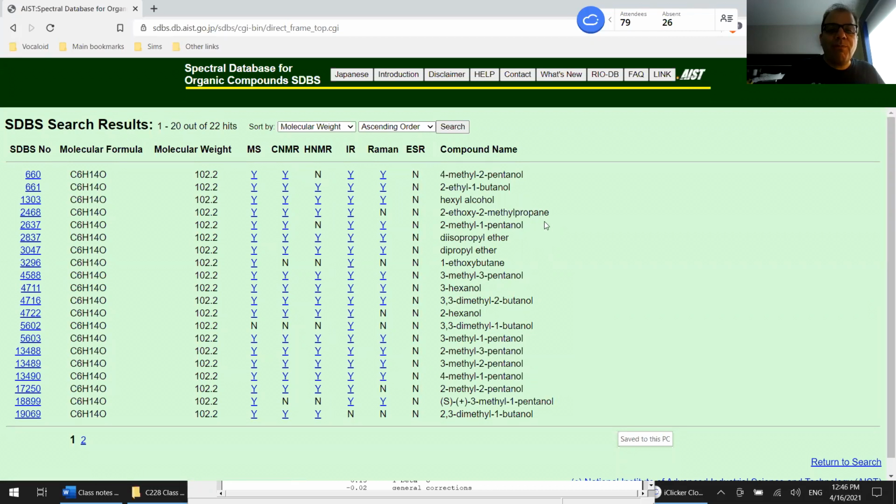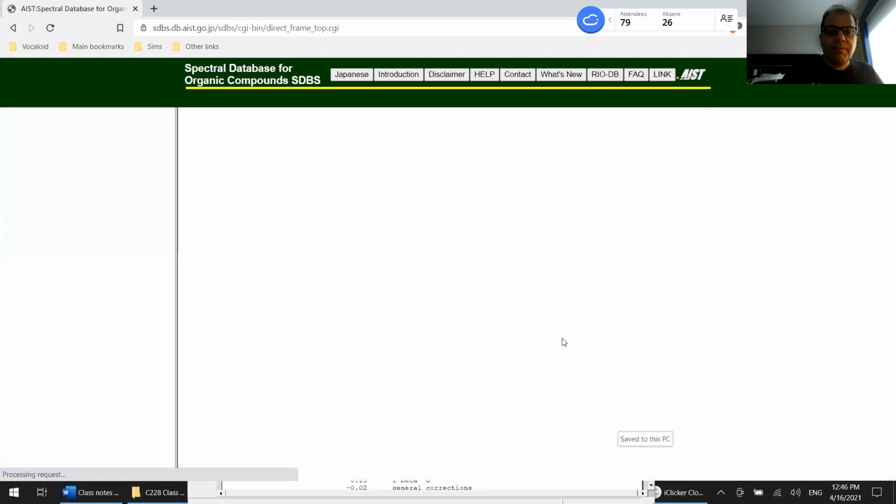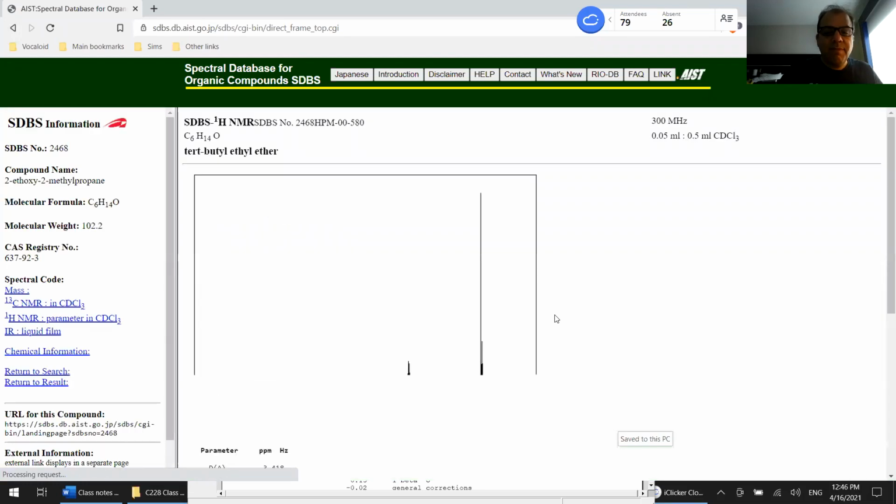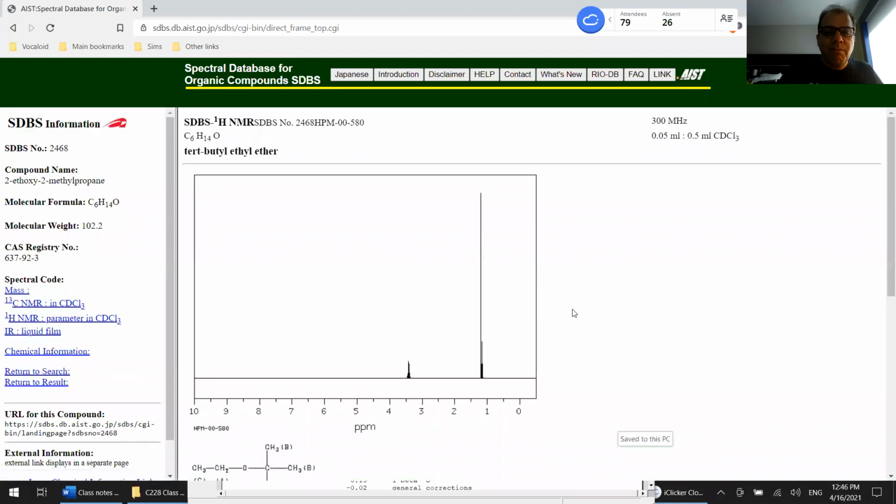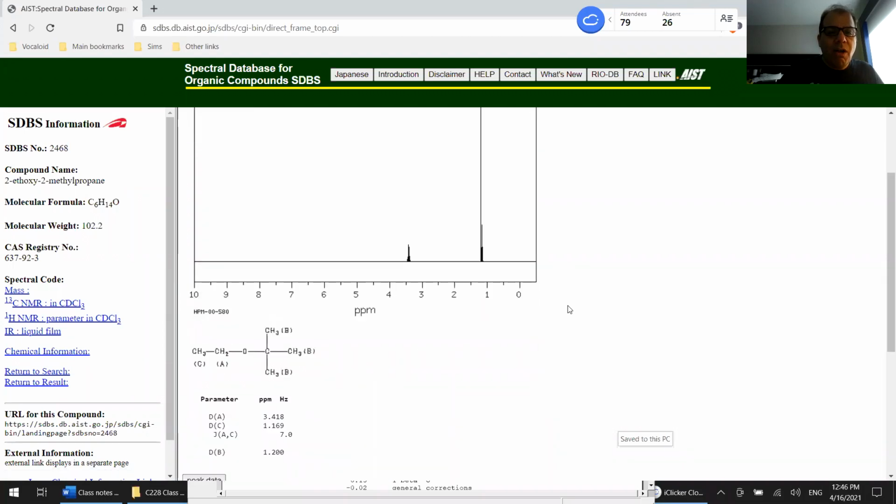2-ethoxy-2-methylpropane. That sounds good. Maybe not. Oh, it's a tert-butyl group. Not only that, it falls right on top of one of the CH2s.